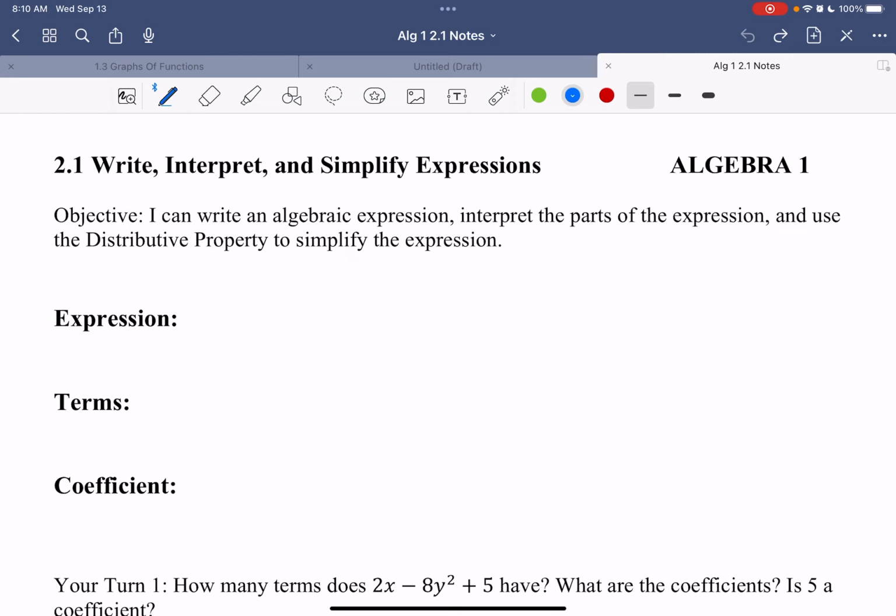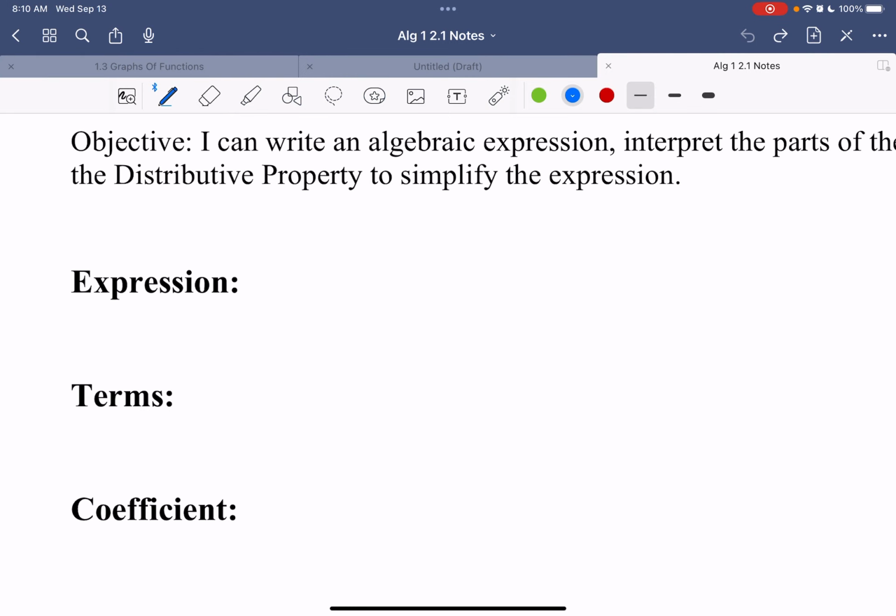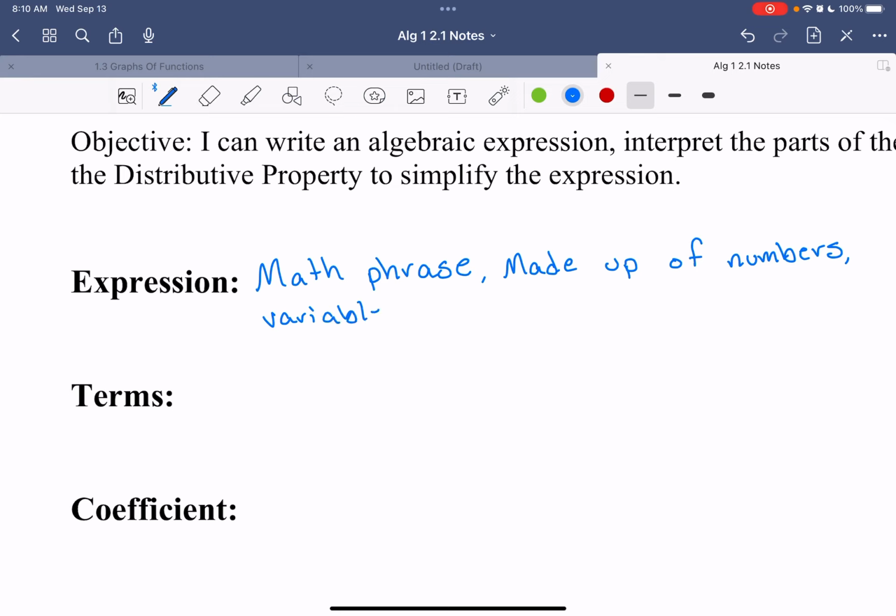We need to know what an expression is. An expression is a math phrase. It is made up of numbers, variables, and math operations.